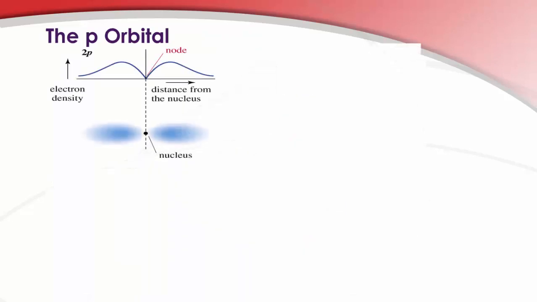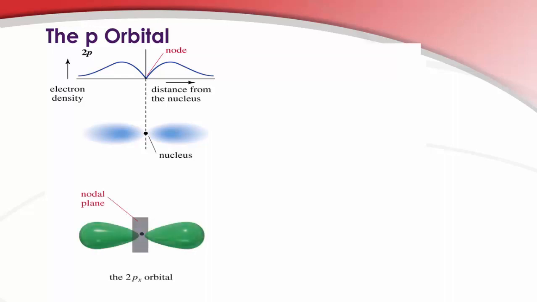The cutaway of the probability for the 2p orbital looks something like this. It looks kind of like a dumbbell around the nucleus. And if we want to look at a three-dimensional representation of this, then the 2px orbital will look something like this, with a plane in between it of zero probability.